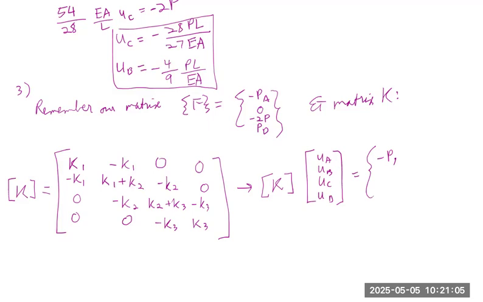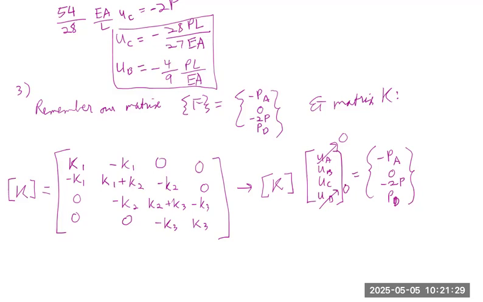negative PA, 0, 0, and negative 2PD. But notice that UA and UD, as we found earlier, are 0 since those ends are fixed.